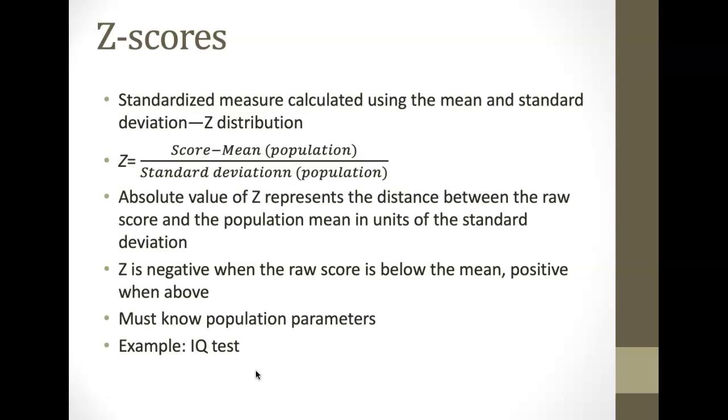Your Z-score was 1, or 1 standard deviation above the mean. So these Z-scores allow you to take a value, compare it to the normal distribution, and come up with a Z value. Okay.